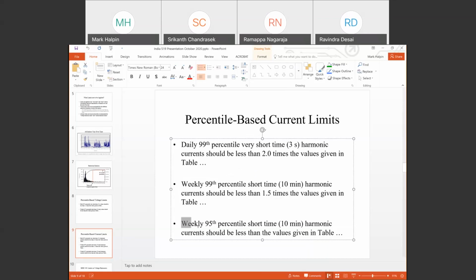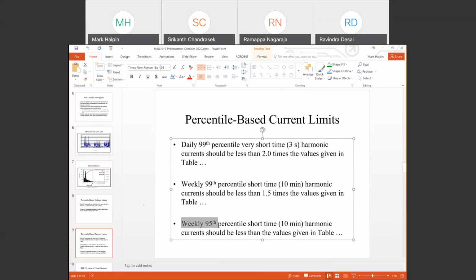The more likely values over the period of a week are not given a multiplier. So you can think about this in terms of decreasing severity, if you like. So these are the numbers, in terms of the statistics and in terms of the evaluation period.